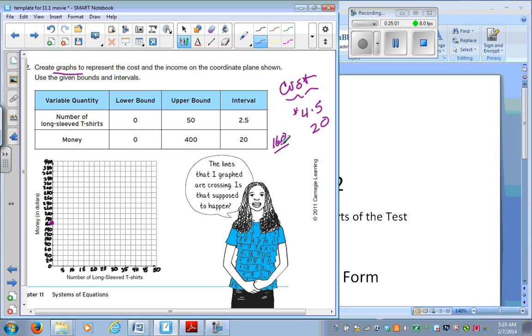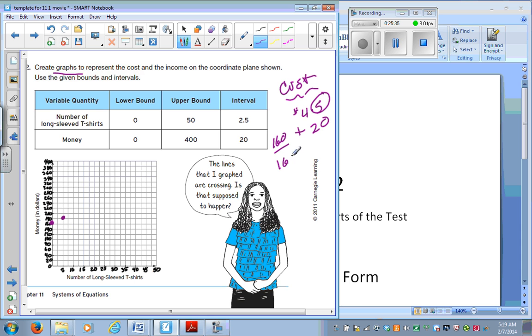So it's going to cost me $160 no matter how many t-shirts I buy, plus every 5 t-shirts is another $20, because $4 times 5 t-shirts is 20 bucks. So if I bought 5 t-shirts, it's going to cost me a total of 160 plus 20, which is 180. So I'm going to put a point right here at 5 t-shirts, $180. Every single time I buy another 5 t-shirts, it's going to cost me another $20.